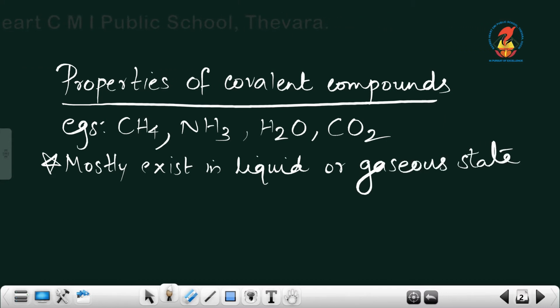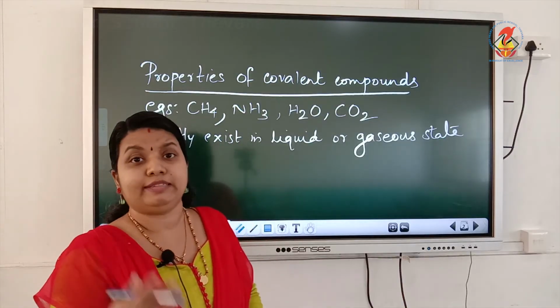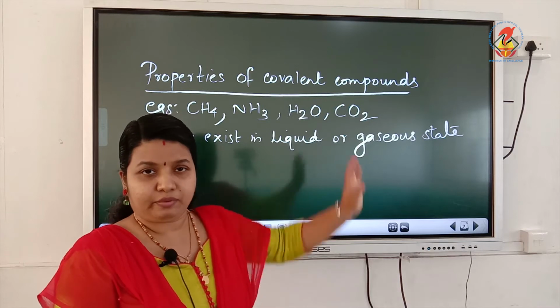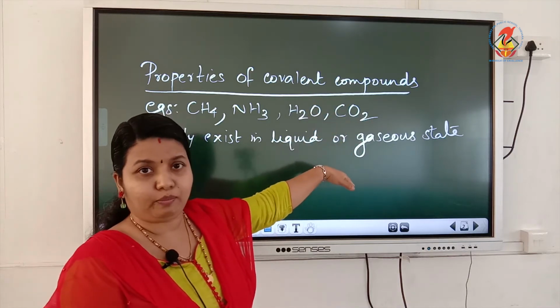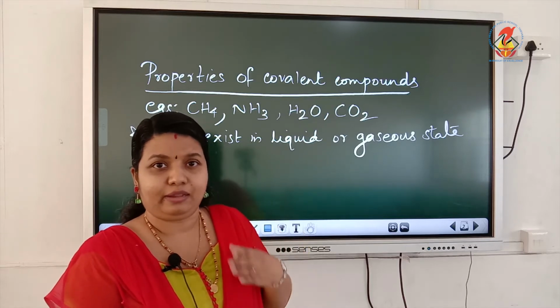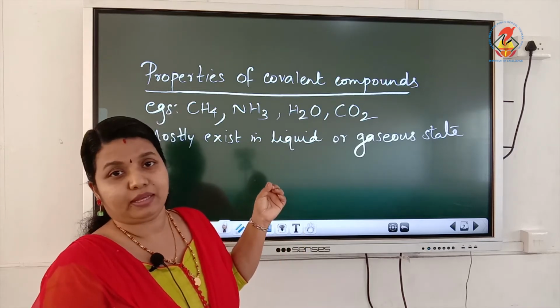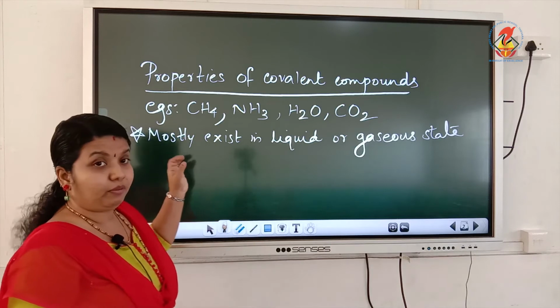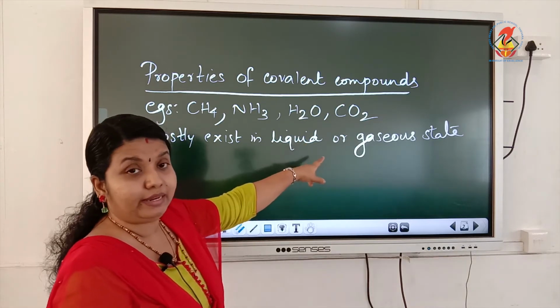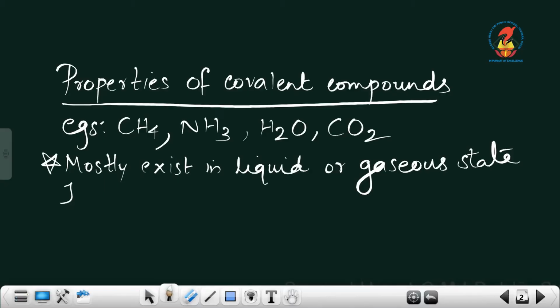In the last chapter we learned the properties of ionic compounds, and when we discuss the properties of covalent compounds, you will see that the properties are entirely different, just the opposite of ionic compounds. So ionic compounds exist in solid state, covalent compounds exist mostly in liquid or gaseous state, and if solids, rarely, a few substances exist in solid state, they are amorphous.